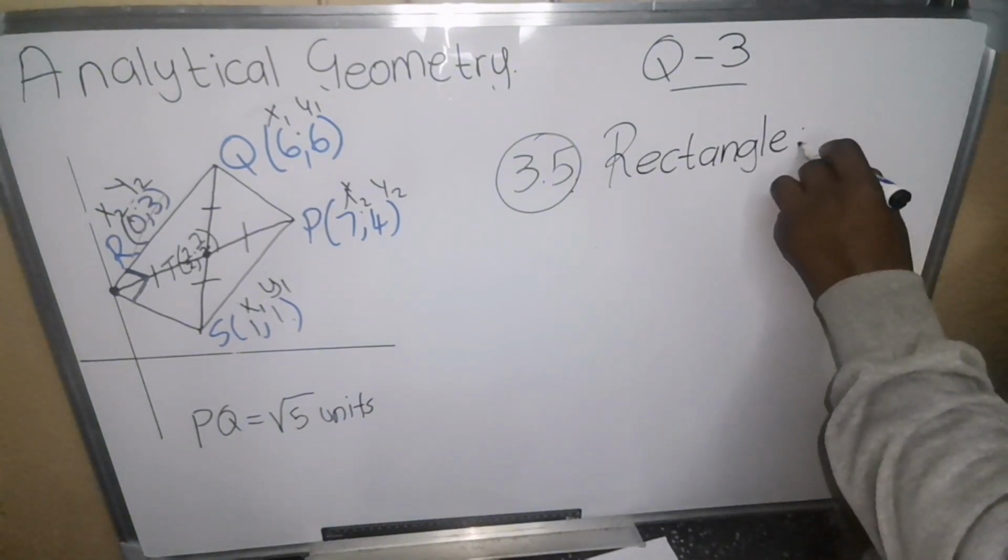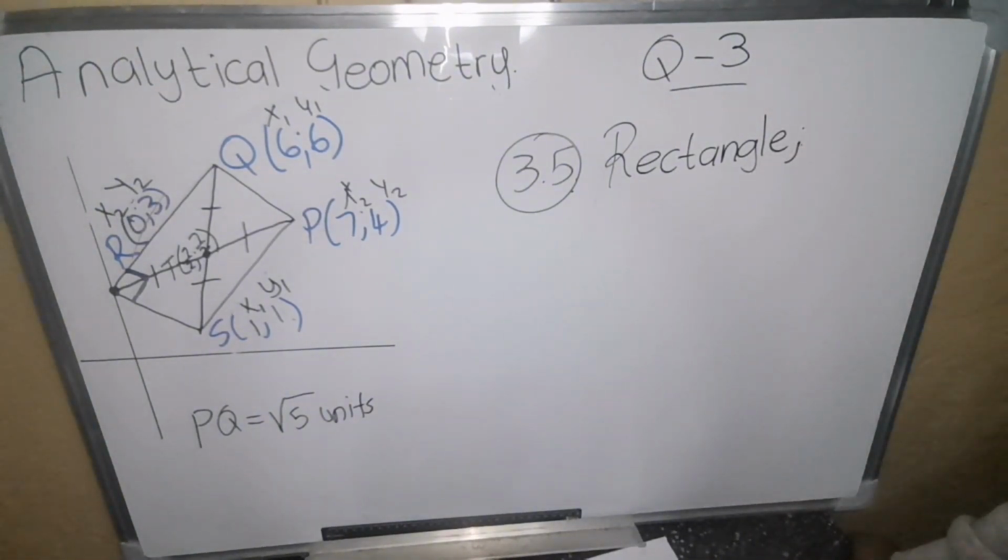Rectangle. Why are we saying it's a rectangle? Because the diagonals are equal, and one of the interior angles is equal to 90 degrees.